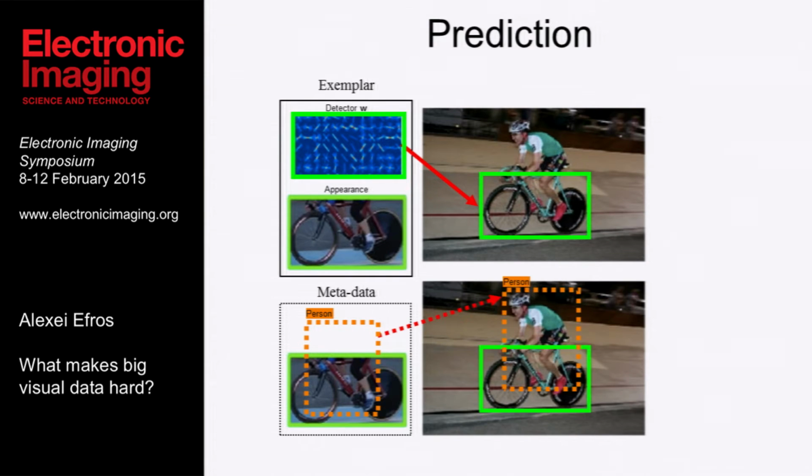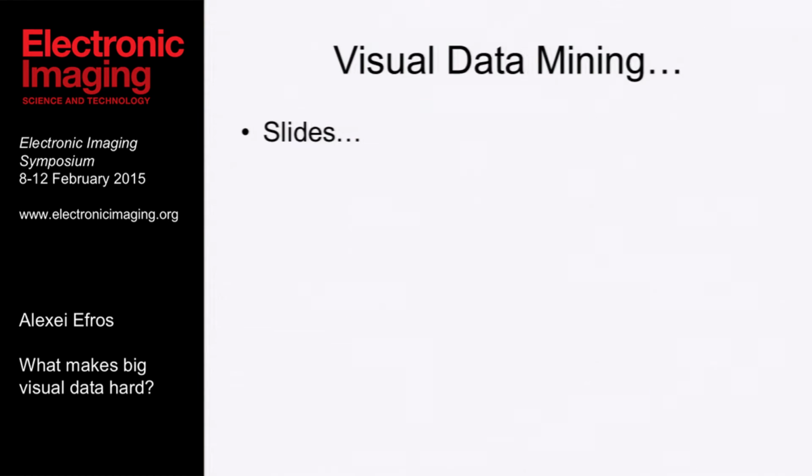So then you can just transfer that bounding box and basically predict that there should be a person there, even though you don't have a person detector running, right? So from the bicycle you can directly transfer the annotation for other things as well, kind of capturing context.